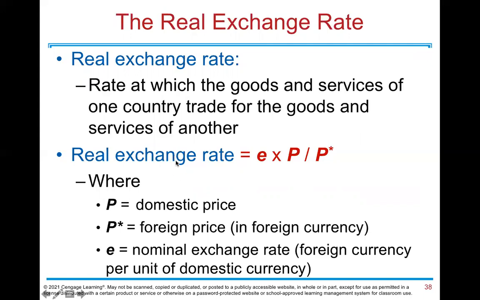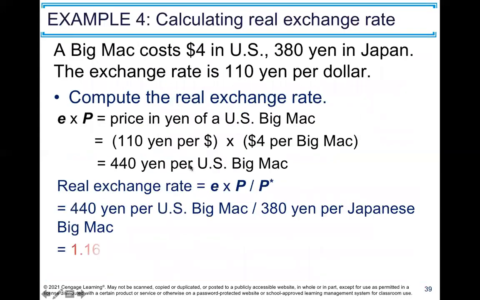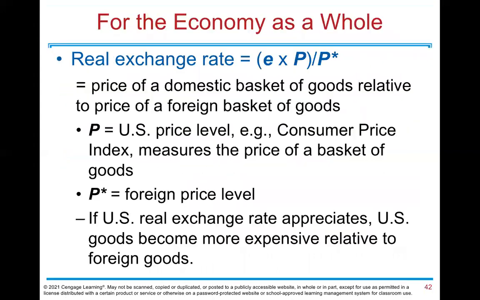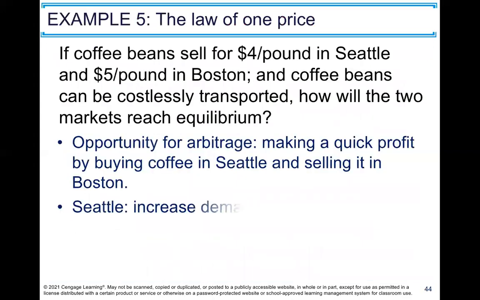If this is equal to 1, we'll just rearrange this equation, bring P over to this side and divide by P, and then you get an expression for E, where you've isolated E on one side by itself, assuming that the real exchange rate is equal to 1.